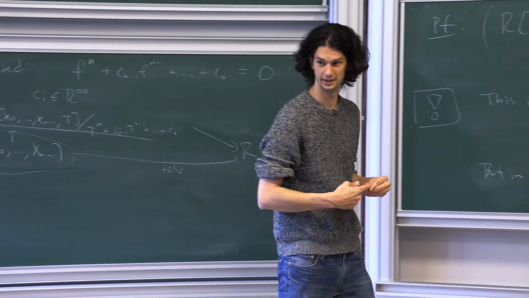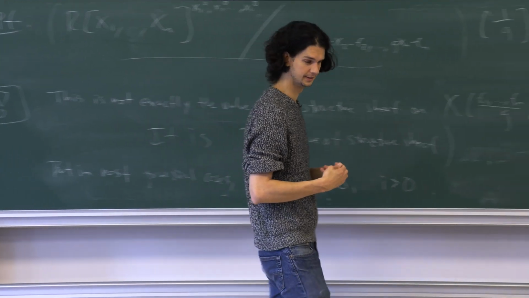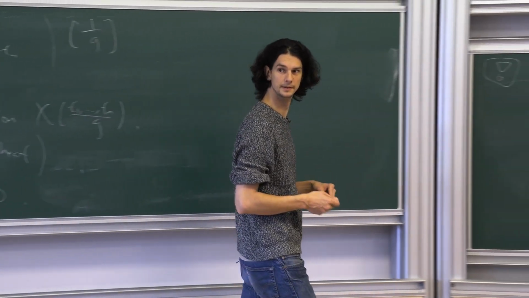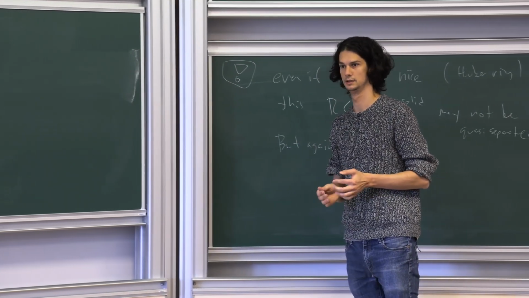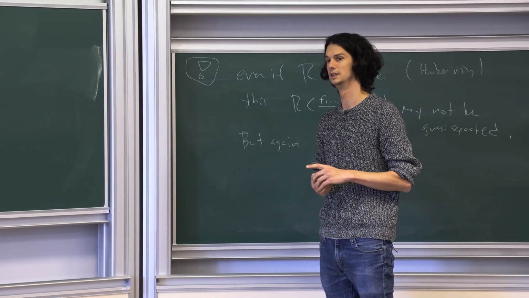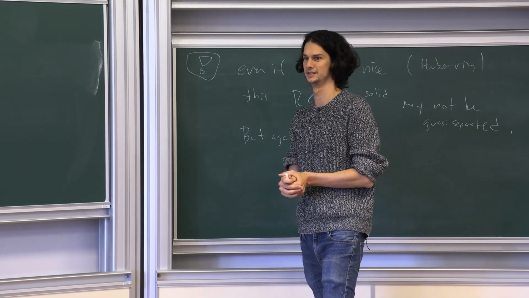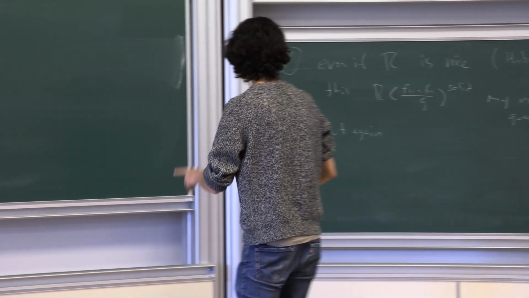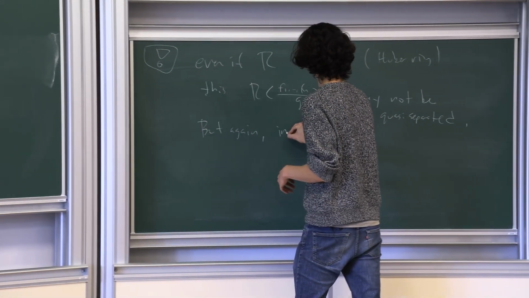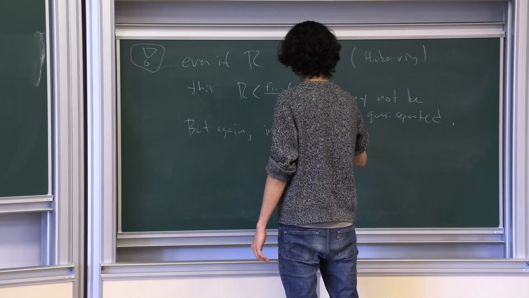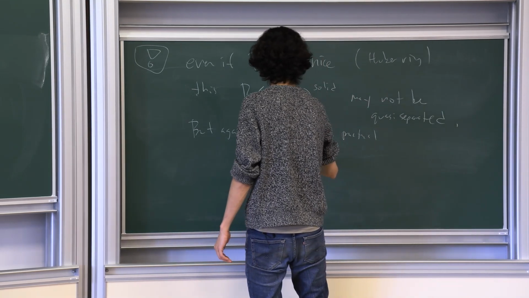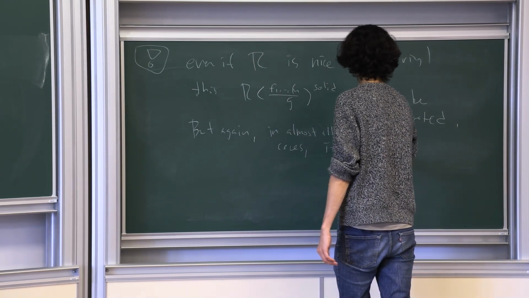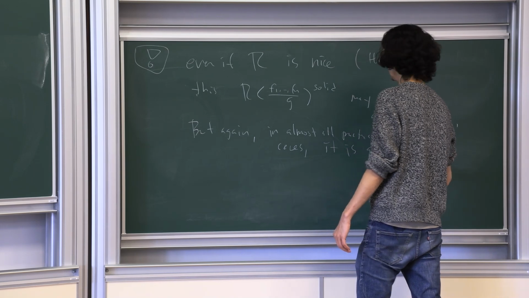Ah, okay, you want solid, so you want complete. Yes. And then the other ones, when you do this, it is still solid, but it's kind of non-Hausdorff. But again, in almost all practical cases, or maybe all practical cases, it is quasi-separated, i.e. Hausdorff.